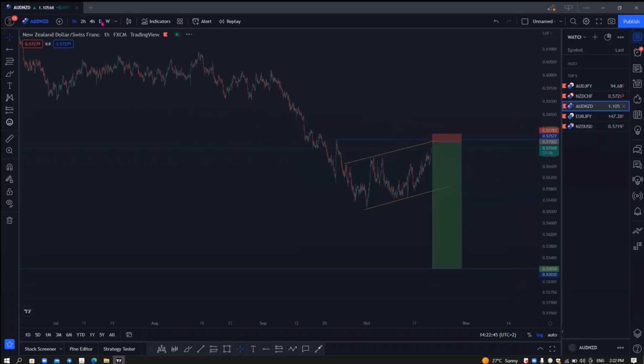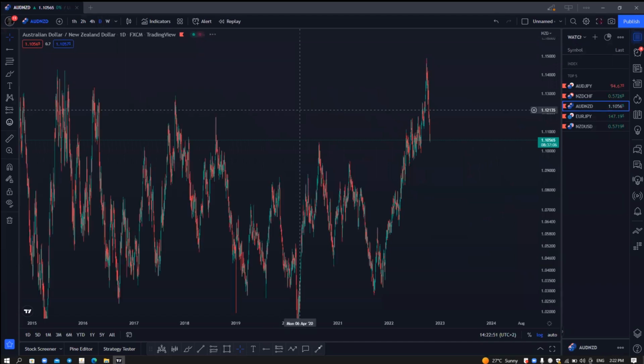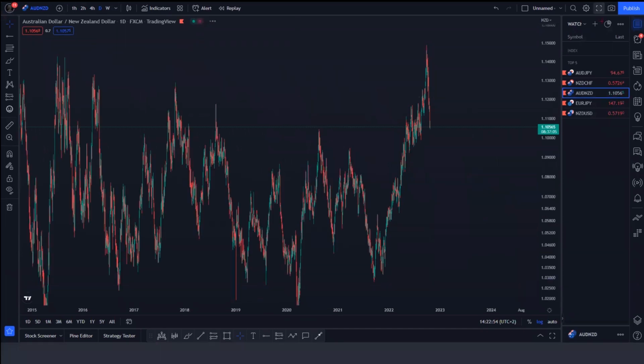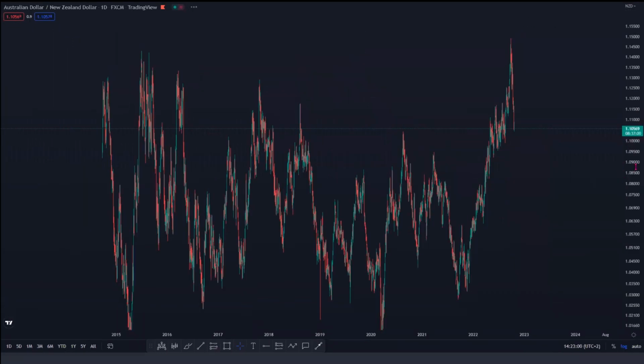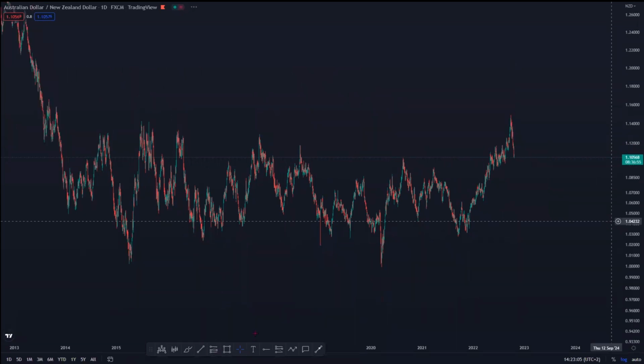AUDNZD. I'll go to the daily time frame. This one is quite interesting. So guys, this is AUDNZD. So you know the basics. You mark your lowest low, and we have to look on our left hand side.